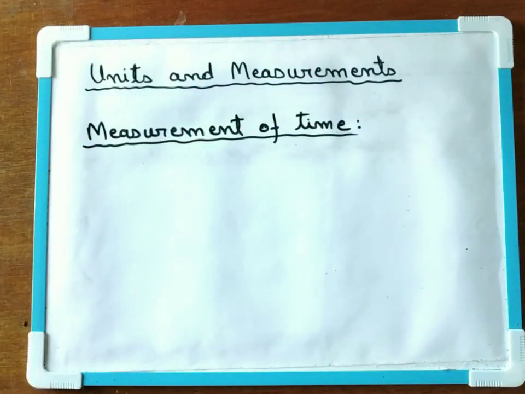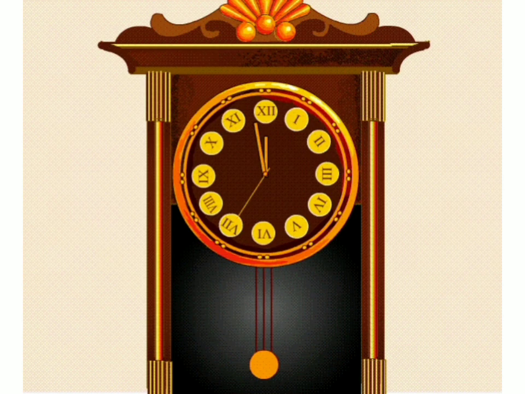Now there's another clock which is known as the pendulum clock, and in the pendulum clock we have a pendulum which swings, which completes one vibration in 1 second. So the one vibration of the pendulum clock is taken to be 1 second.